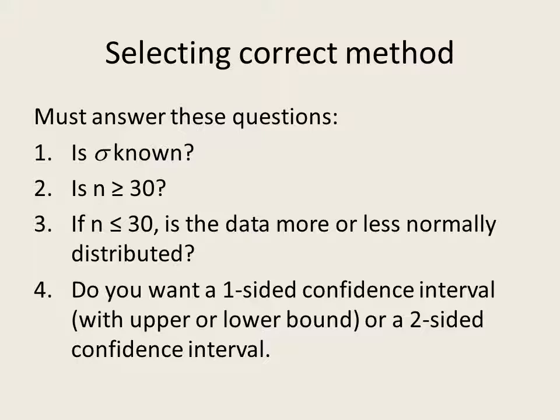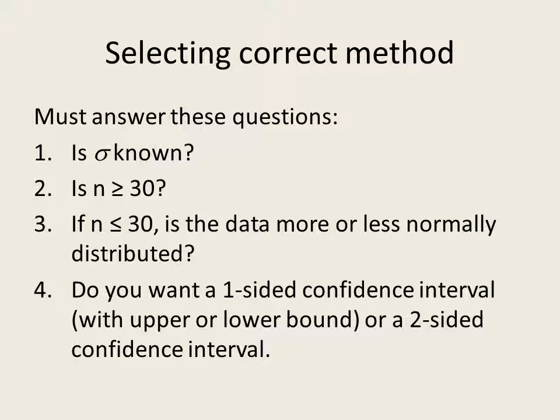If n is greater than or equal to 30, then you don't care whether the underlying distribution is more or less normally distributed. You have a large enough sample that you can go ahead and use the Student's t distribution in order to come up with your confidence interval.